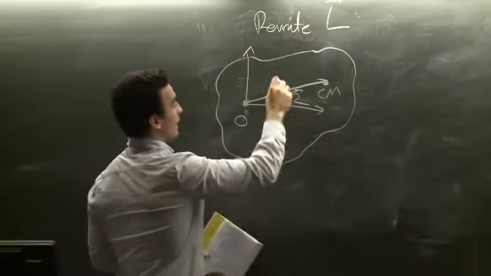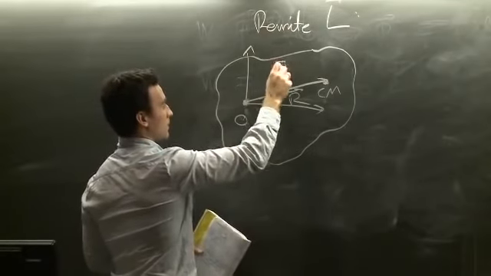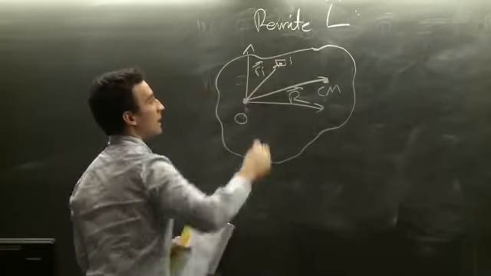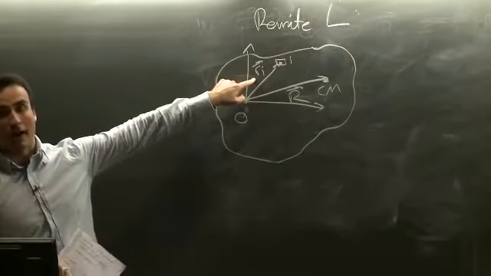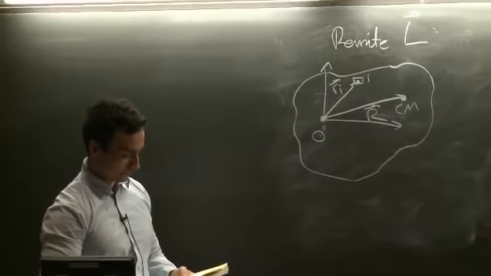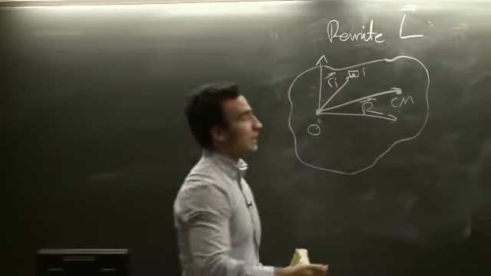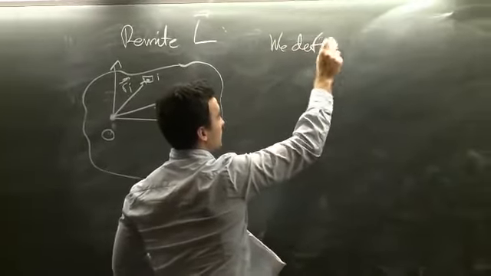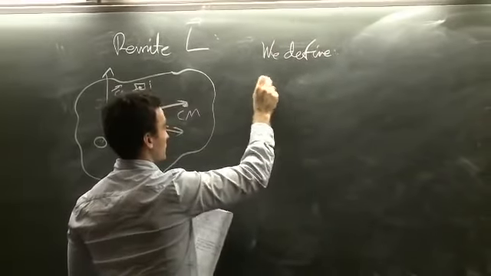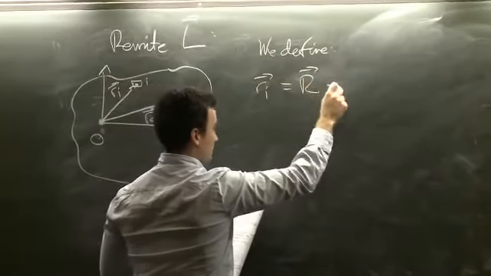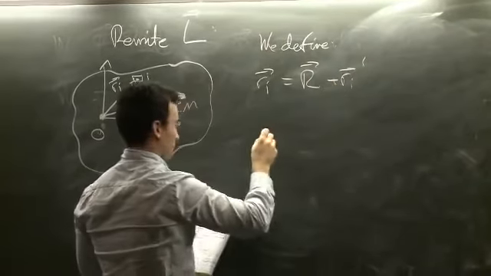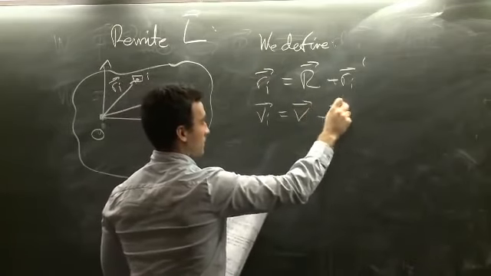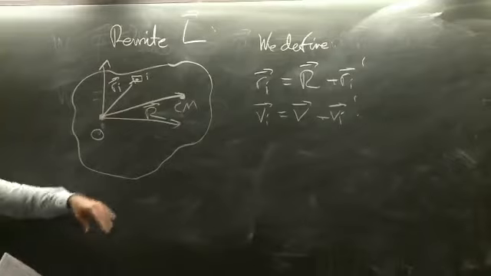And let's consider particle i, which has position vector R_i. So then we define R_i prime.